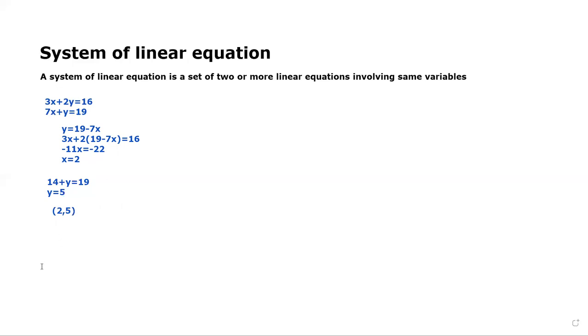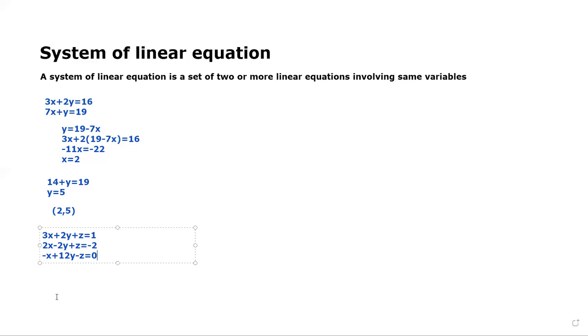Similarly, a system of three linear equations can be like 3x plus 2y plus z equals 1, 2x minus 2y plus z equals minus 2, and minus x plus 12y minus z equals 0.